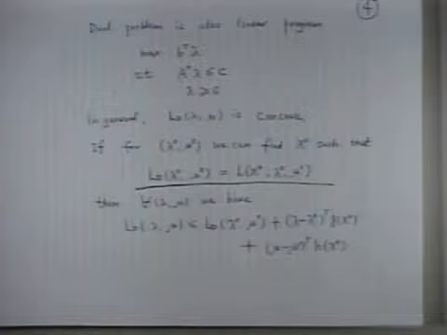Bryce, you want to say something about this? Well, it's the difference between your multiplier, which is the solution to the dual problem, and some arbitrary multiplier that you can pick, anyone that you want.